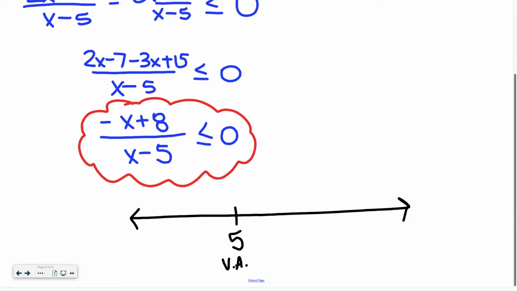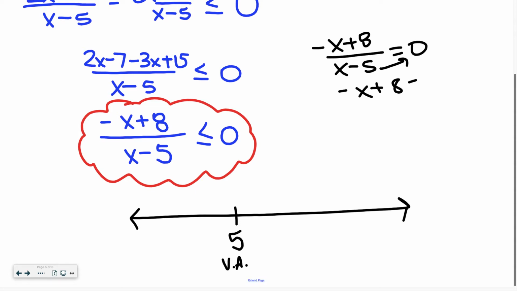Now we need a 0. How do we determine our 0? Okay, we got to set it equal to 0 and solve. And when you set a fraction equal to 0, what are we really looking at? What's 0? The numerator or the denominator? Okay, if we set our fraction equal to 0, we got to multiply that denominator over.